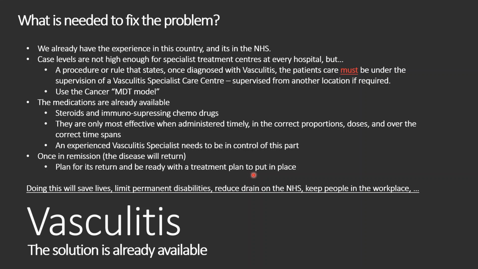Make sure you know really how to start the plan. It needs to be there so that you can get treated efficiently, quickly, in a timely way, the right way. Doing this will save lives. It'll limit permanent disabilities, it'll reduce strain on the NHS, it'll keep people in the workplace, and many other things.